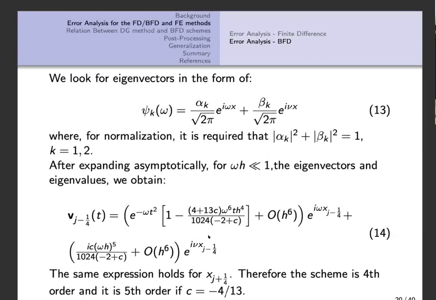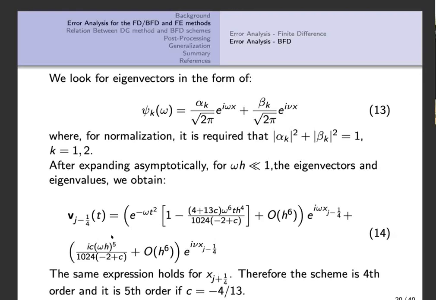So if we look at the first component, we can see that if we choose C to be -4 divided by 13, we can cancel this term, which is related to exponent of minus omega t square.